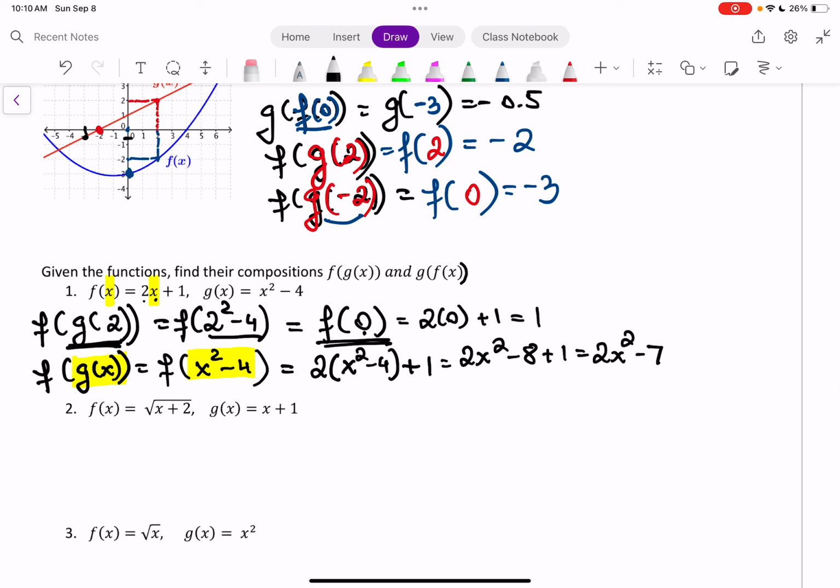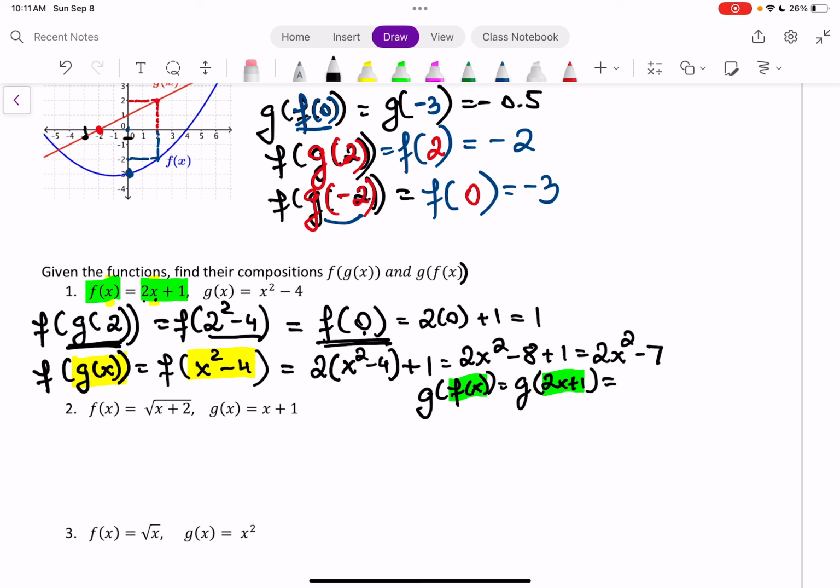I'm looking for a little bit of room. It's also asking me to find g of f of x. So for this, I'm leaving f of x alone, and f of x is 2x plus 1. So that's what I'm substituting f of x with. Okay. And now it says take all of this and plug it in the function g.